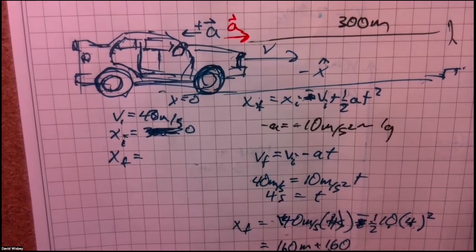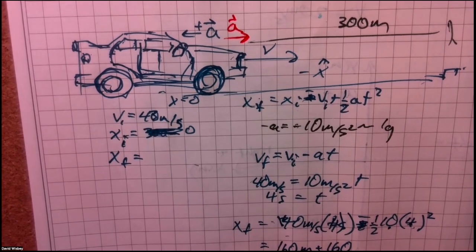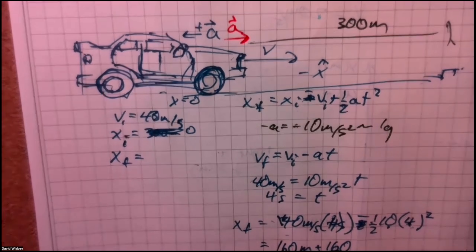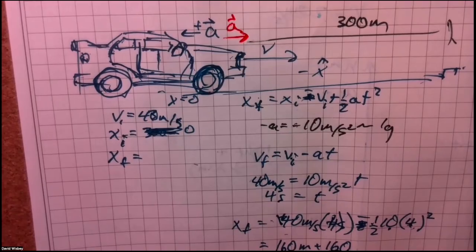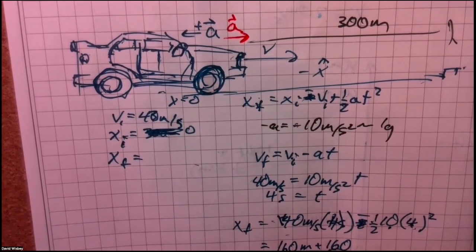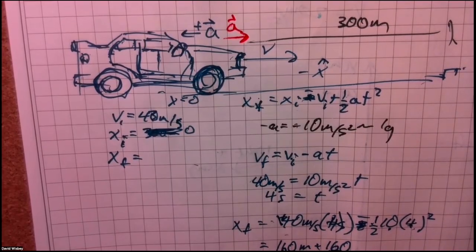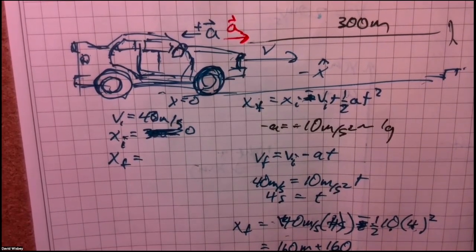Okay, so divided by 2, that gives me 80. So then that is 160 plus 80. So that gives me, let's see, 240 meters. Okay, well. Did I get 240 meters?